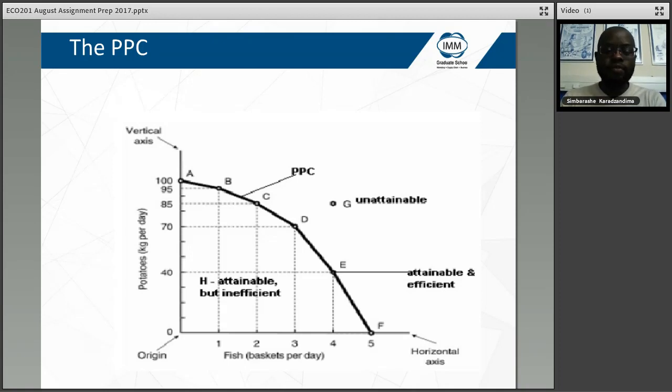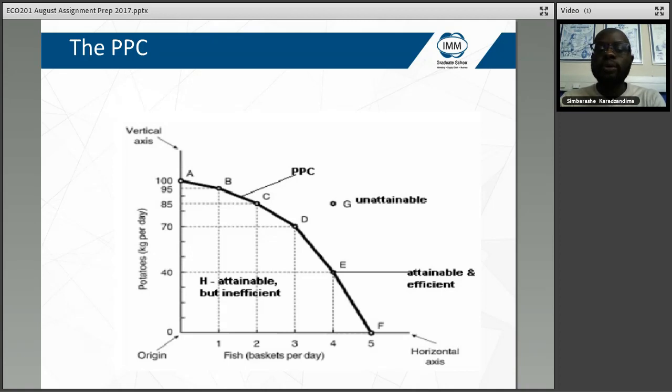because that is very important. Then we have points that are to the right of the PPC. For example, point G. Point G illustrates scarcity of resources because we are saying the best that you can do is on the PPC. At point G, we have more of both fish and potatoes, but without sacrificing something.